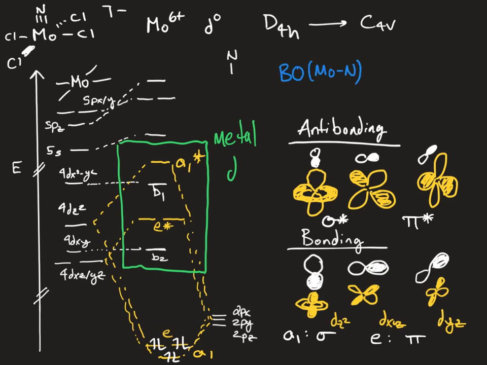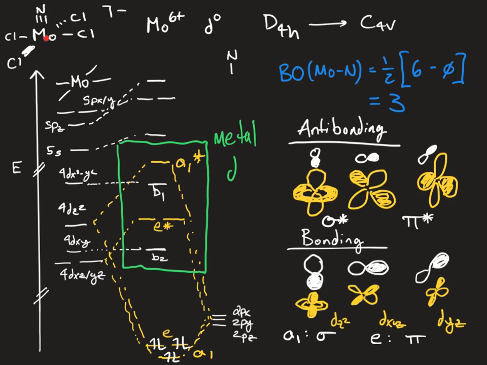The overall bond order for the molybdenum nitrogen bond is going to equal 1/2 the number of bonding electrons comprising that bond minus the number of antibonding electrons. So it's 6 minus 0, so we have a bond order of 3.